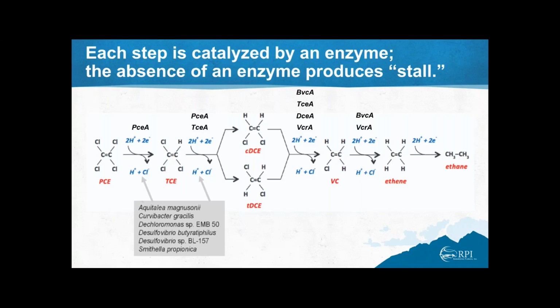Now, each step in the reaction that you would be looking for in EDR, your biological degradation, is catalyzed by an enzyme. And the absence of a particular enzyme can produce stall. It's not the only thing that produces stall, but it's an easy way to understand where stall comes from.